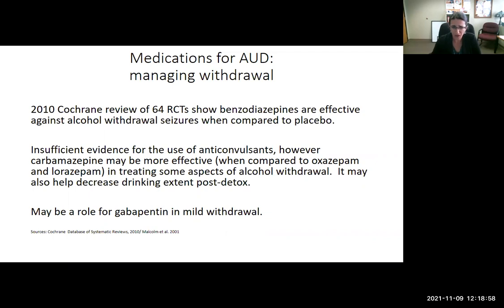However, good evidence that carbamazepine can be more effective when compared to oxazepam and lorazepam in treating some aspects of alcohol withdrawal, and it can also help decrease drinking extent after a detox. And also there may certainly be a place for the use of this in patients who may have a co-occurring sedative hypnotic use disorder. And there may also be a role for gabapentin, as I mentioned before, in mild withdrawal.